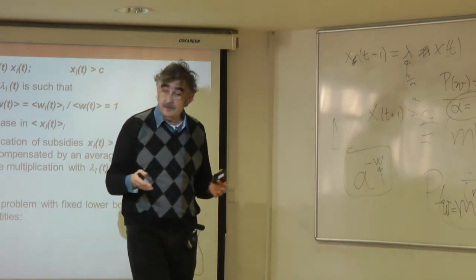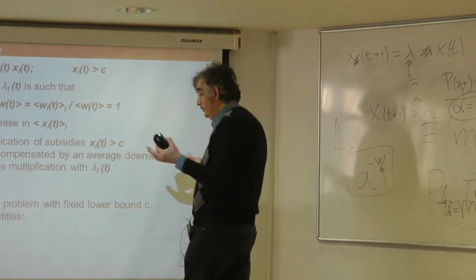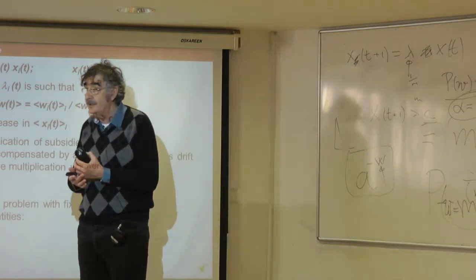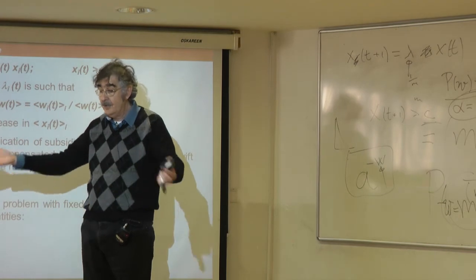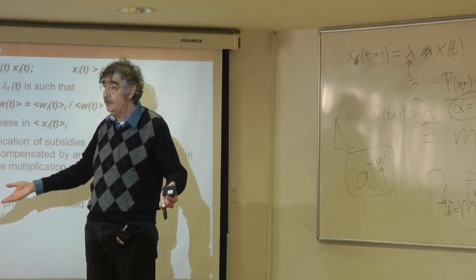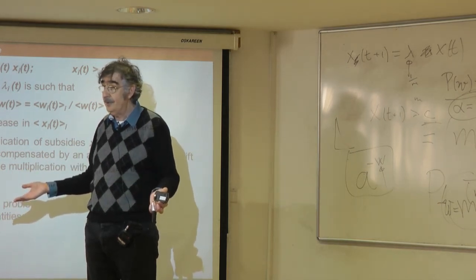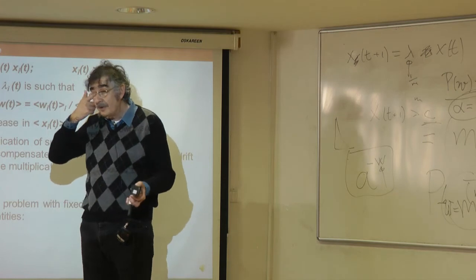It's a very important result because essentially that is what was a puzzle for more than 100 years. There was this guy Pareto. He measured the wealth distribution of people in quite a number of countries. He got more or less the same power law.